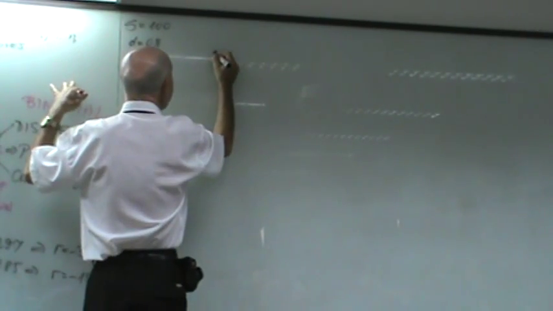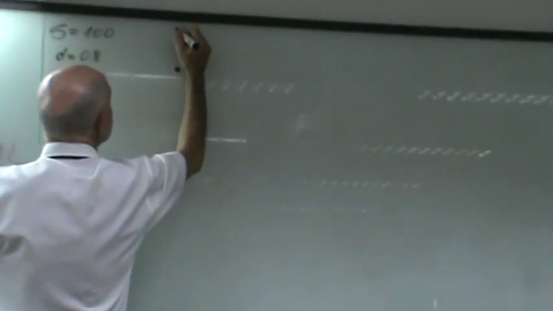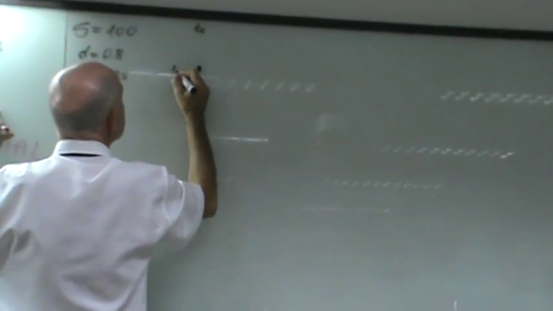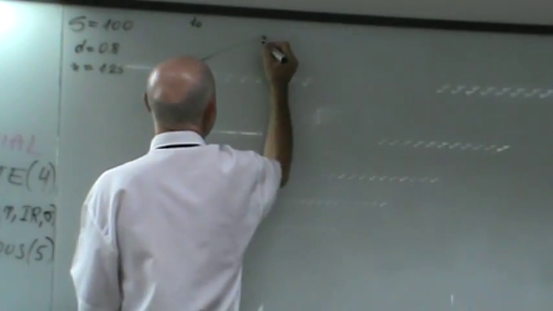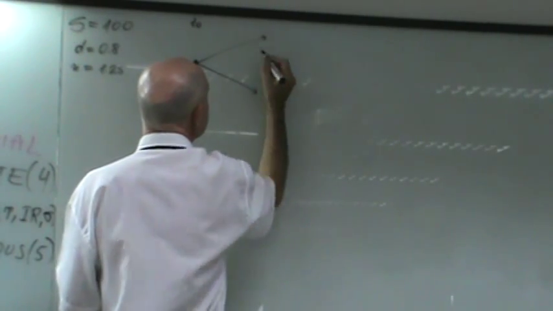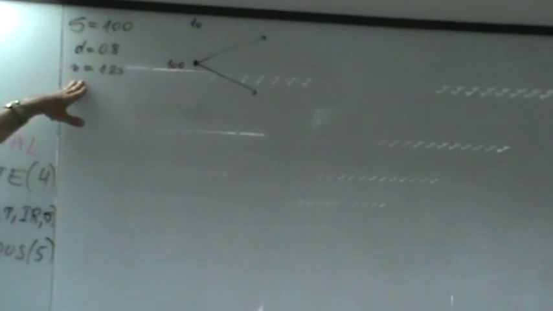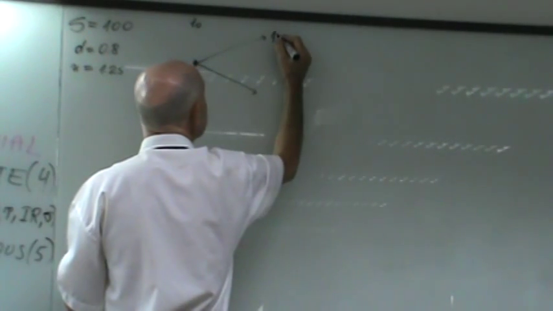So, right now, this is time 0. The price is 100. It can go up and it can go down. When it goes up, what's the new price? 100 and? How much? 125.